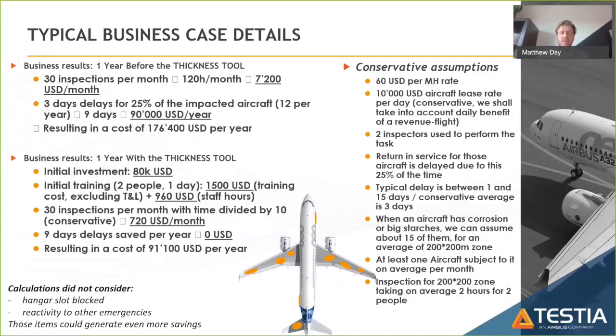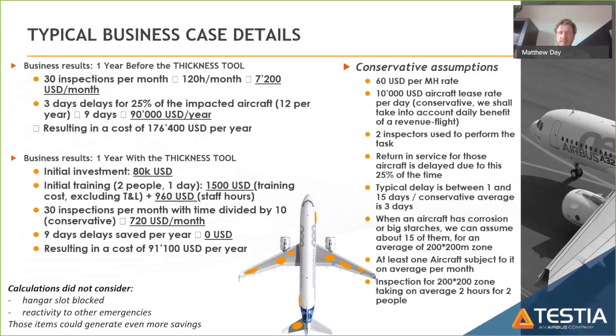Looking at the cost of 30 inspections per month with time divided by 10, again, quite conservative. We state 20, but for the sake of the business calculation, it will be a very conservative 10 times. That's looking at a cost of $720 per month.